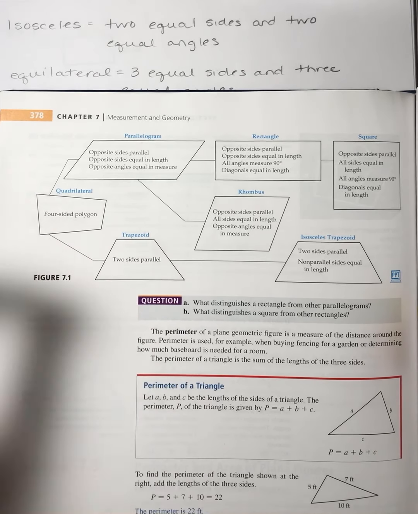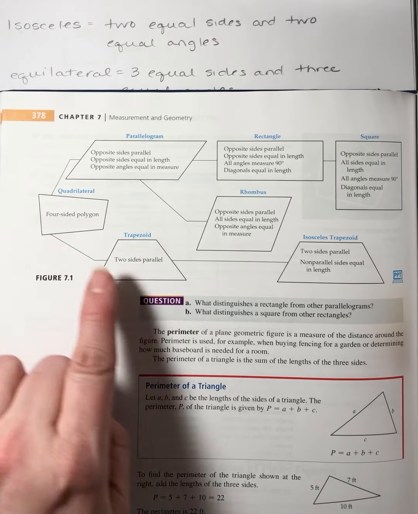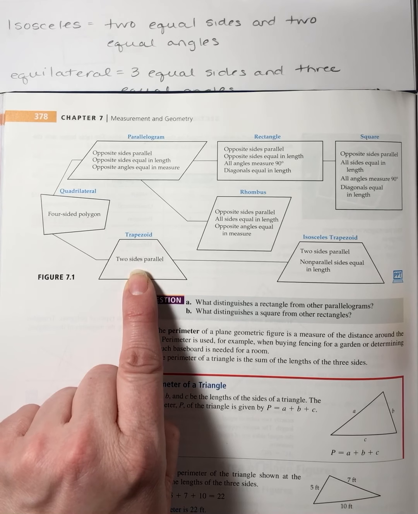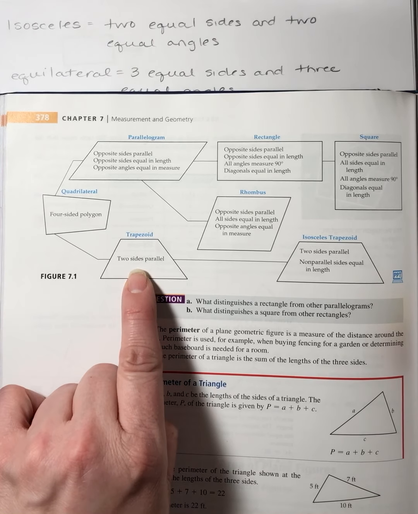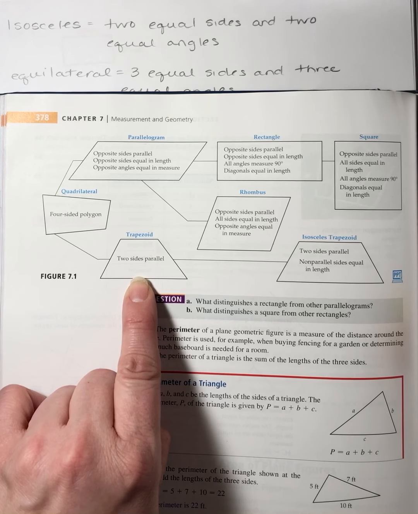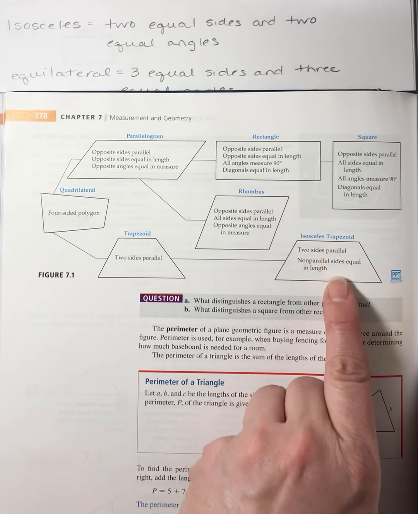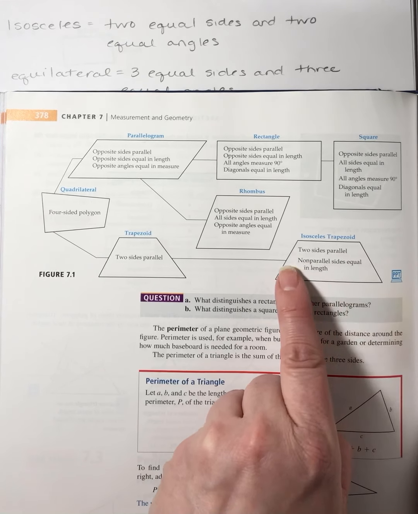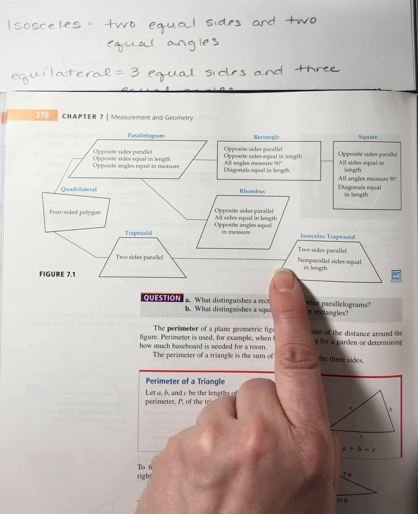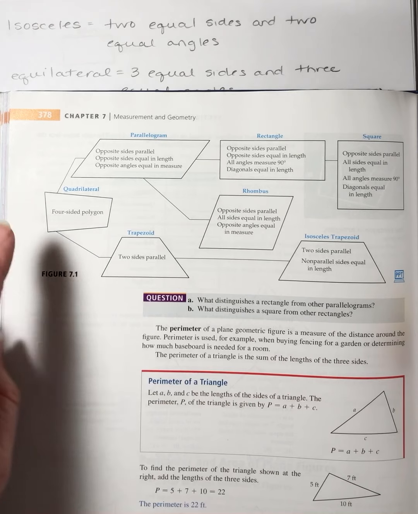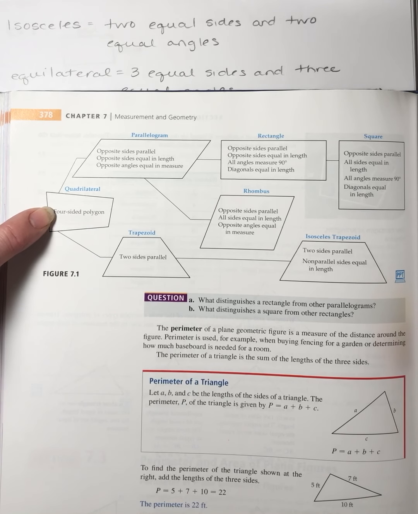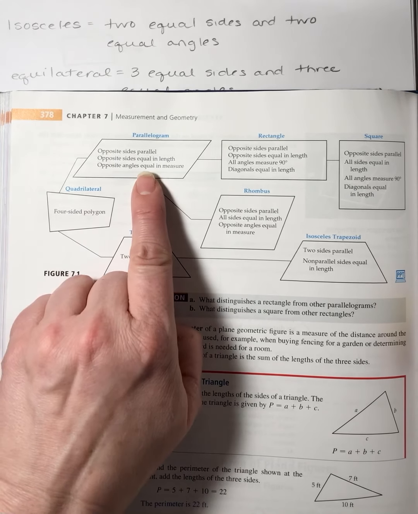Okay, these break into 2 different parts. We have the trapezoids. Trapezoids are defined as having 2 sides parallel. And then you can have a special trapezoid called an isosceles trapezoid, where these 2 sides are congruent. The other special ones start with a parallelogram.